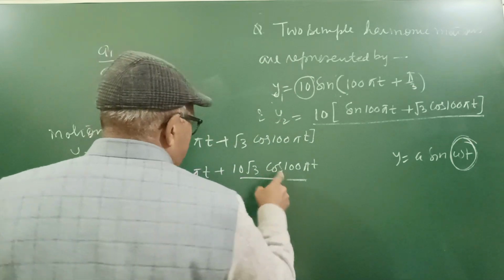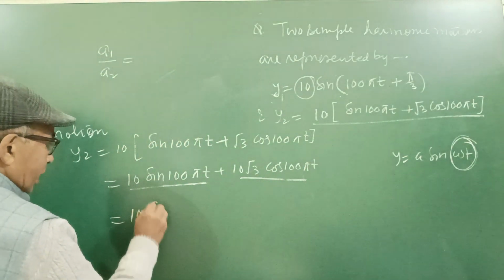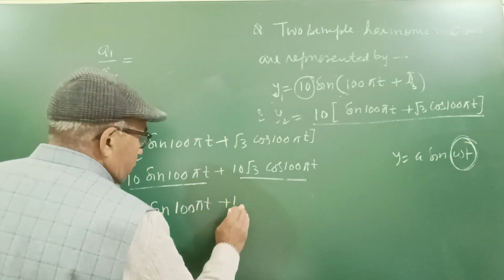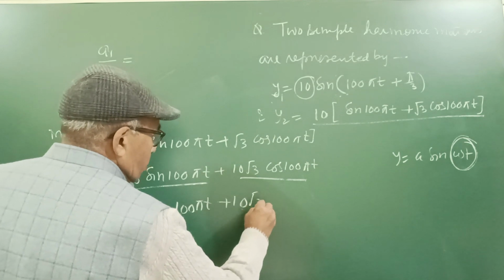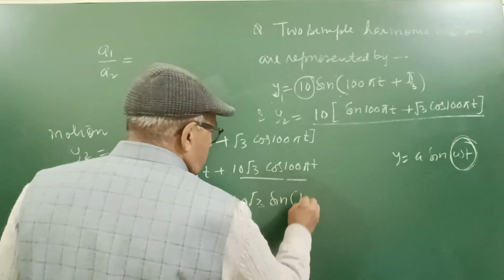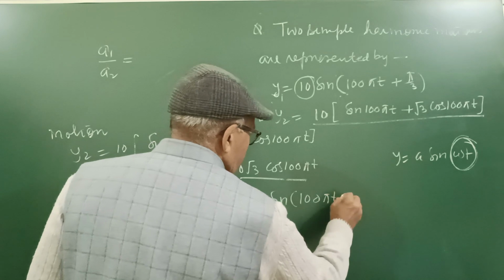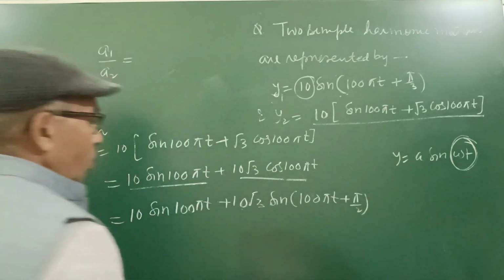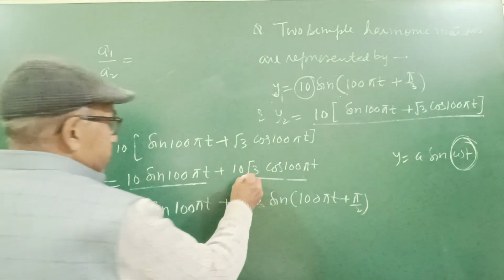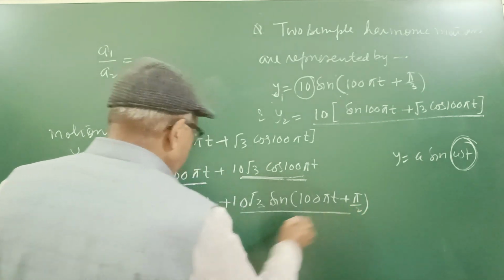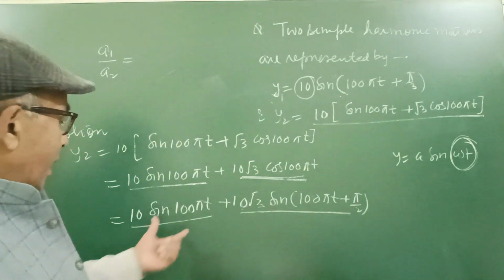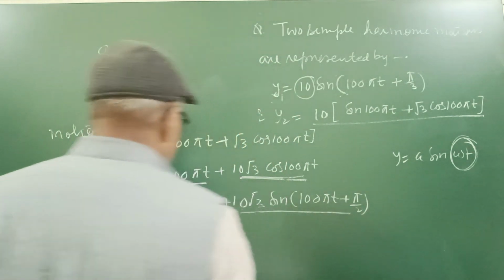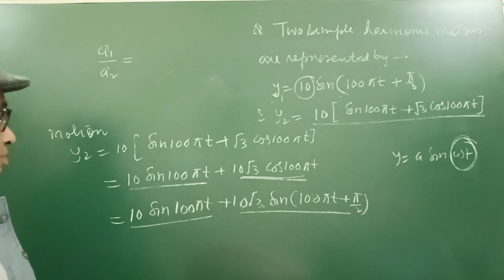Here, I can write it like this: 10 sin 100 pi t plus 10 root 3 sin(100 pi t plus pi by 2). So these two motions have a phase difference of pi by 2, which means this motion leads in phase by 90 degrees.